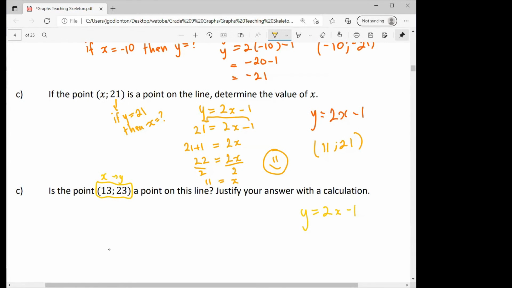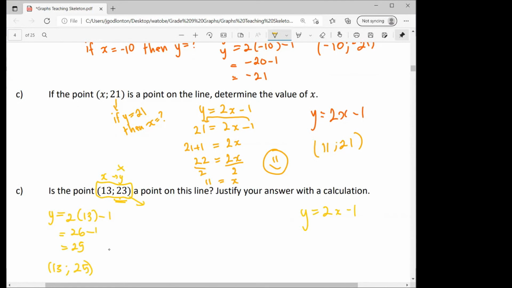I'm going to say, what would my y value be if my x value was 13? That would be 26 minus 1, which is 25. 25 is definitely not 23. And so no, this point does not lie on the graph, because when x is 13, y is going to be 25. Exactly, Tansley, good.